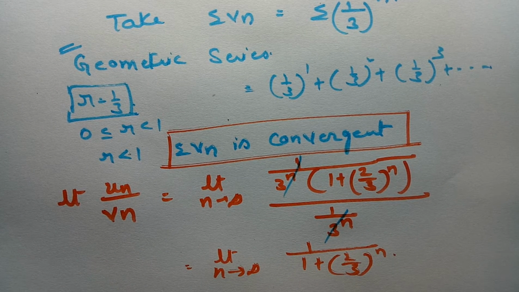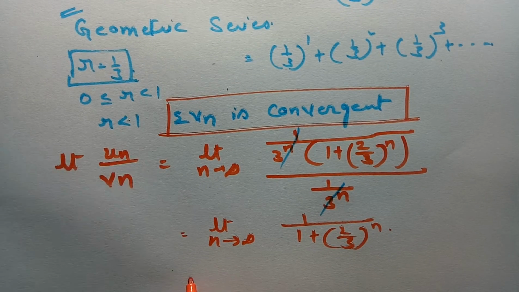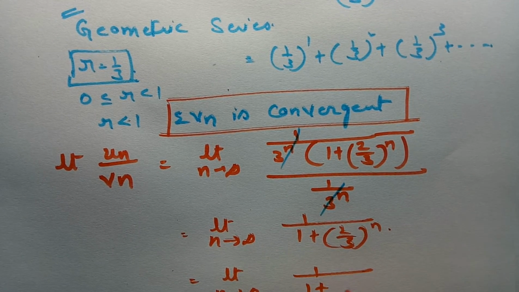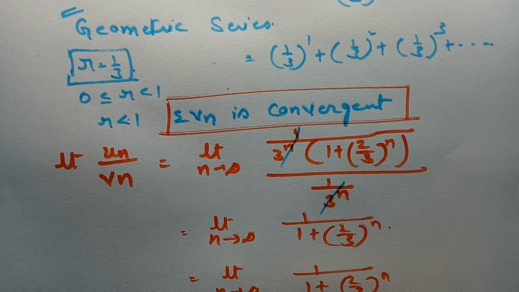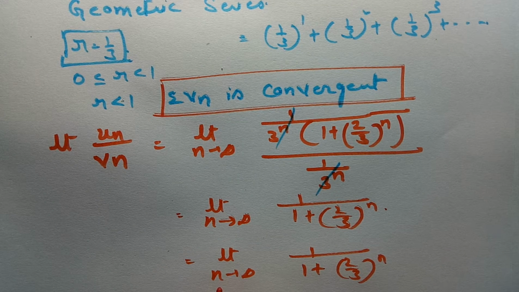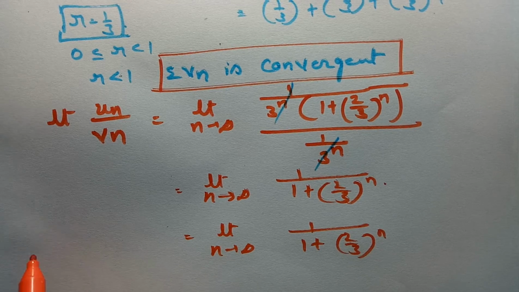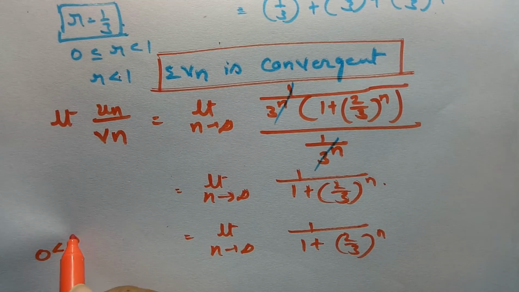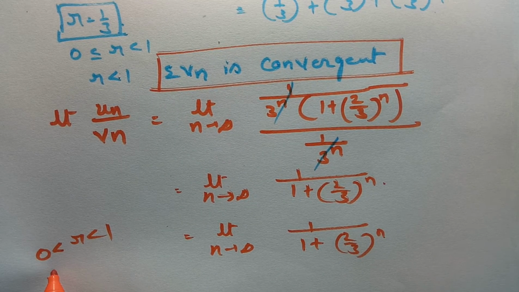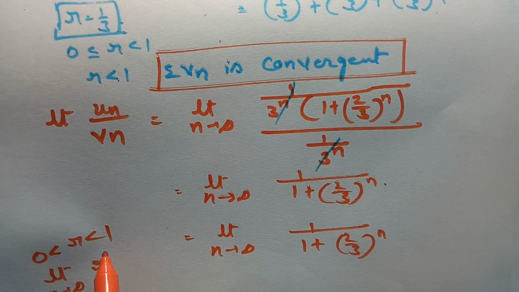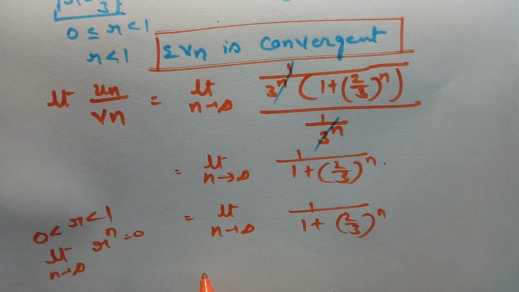After getting 1 by 1 plus 2 by 3 power n, what do we have to do? We have to remember the limit as n tends to infinity of 1 by 1 plus 2 by 3 power n. If I substitute infinity here, since 0 less than r less than 1, and as n tends to infinity, r power n is equal to 0.